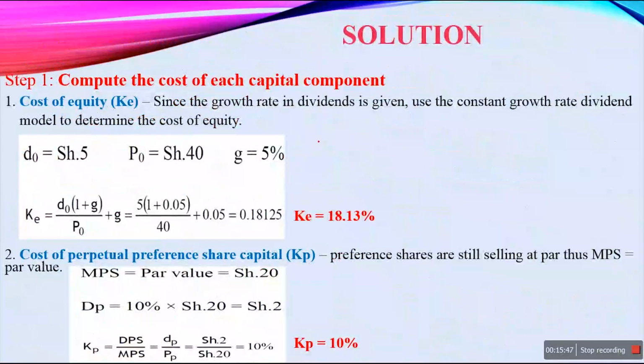For us to obtain the solution, we are going to divide it into several steps. In step number 1, you're supposed to compute the cost of each capital component. First, let's compute the cost of equity.